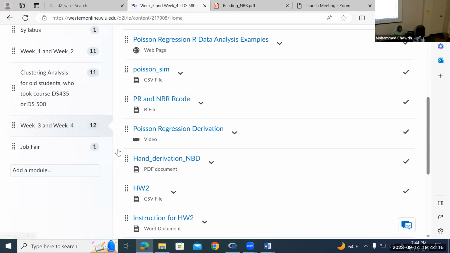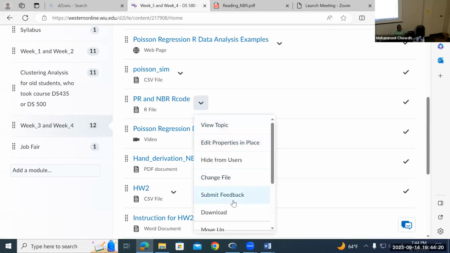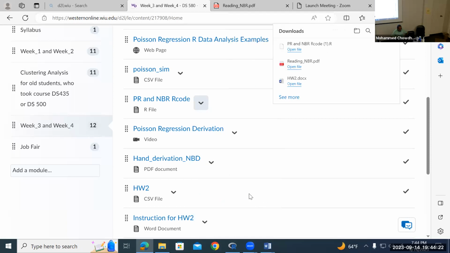So let me download this code. Are you seeing the PR and NBR code? So download that code.